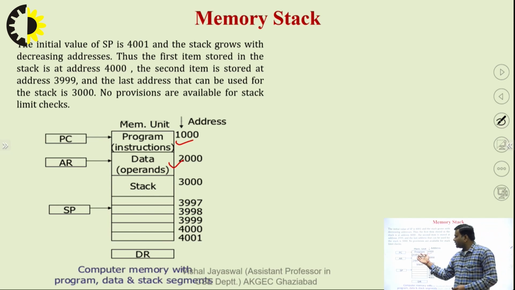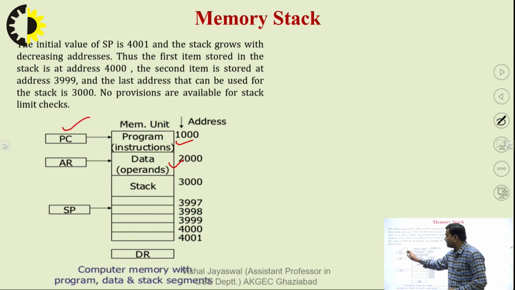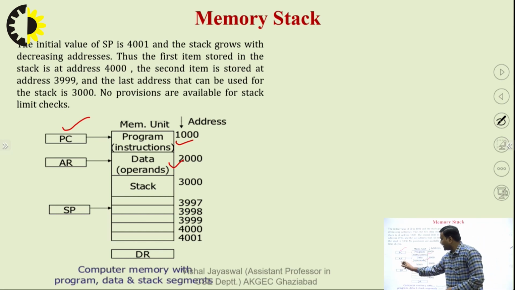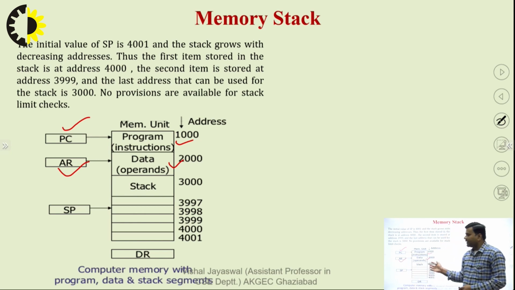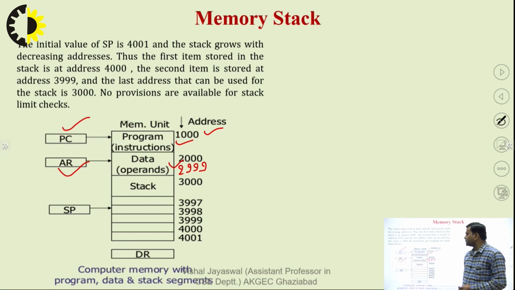For instructions, we use the program counter register that stores the address of the next instruction, and the address register that is pointing at the data part, meaning the operand. From address 1000 to 2999, these locations are used for the program instruction part and data part.